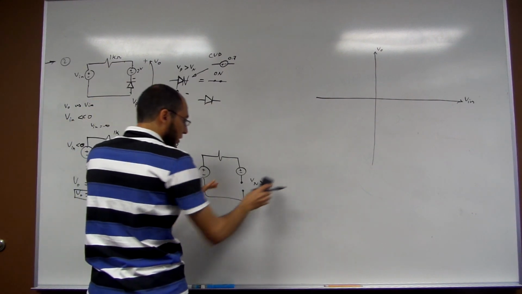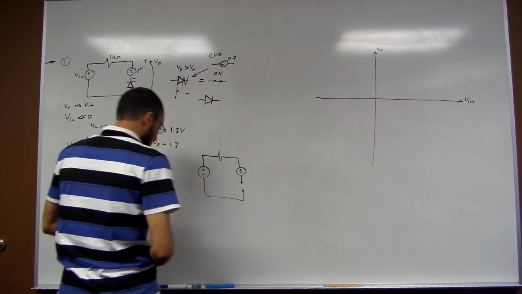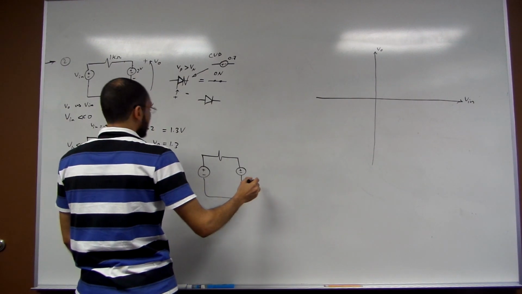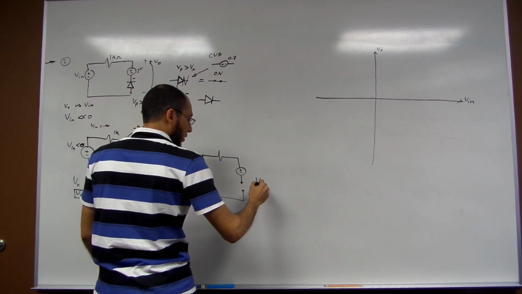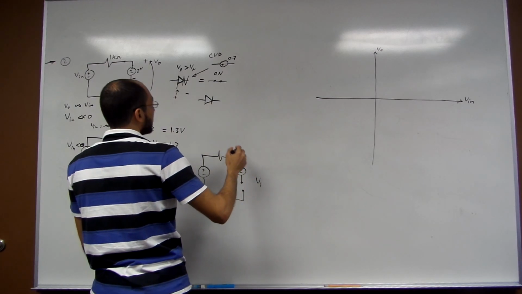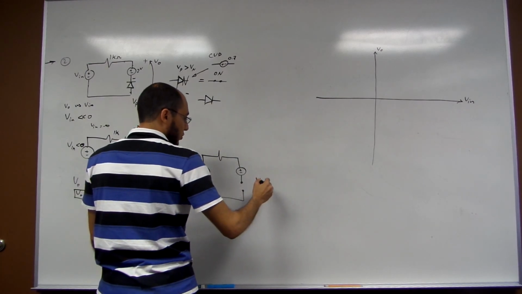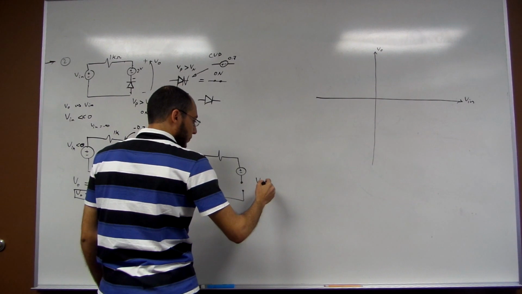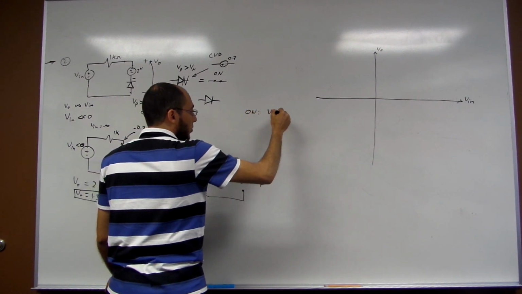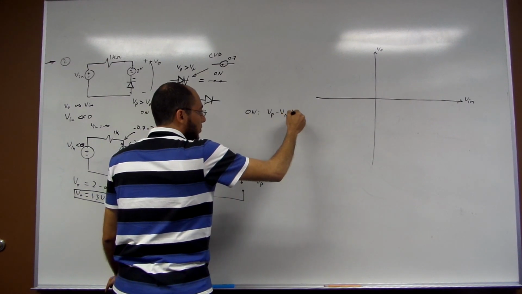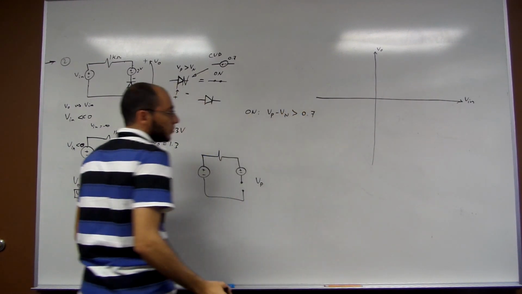So the difference basically, in order for the diode to be on, Vp minus Vn has to be larger than 0.7.